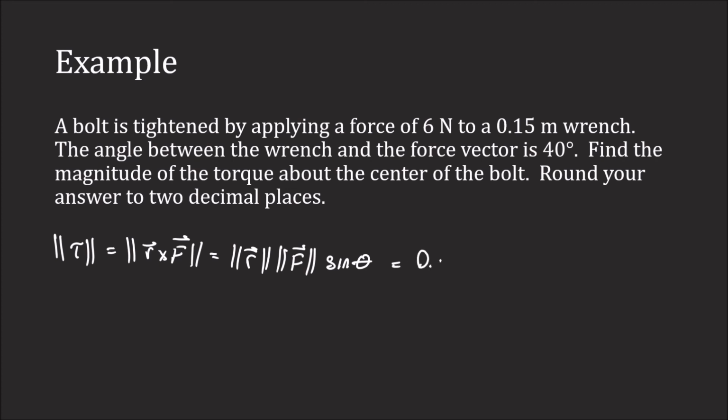So it's going to be 0.15 meters times 6 newtons times the sine of 40 degrees. And you'll find that this is approximately 0.58 joules. And so that concludes our discussion on the cross product.